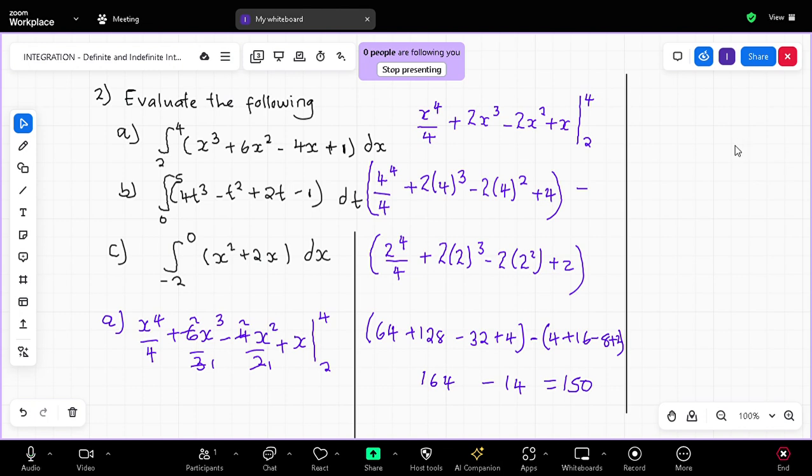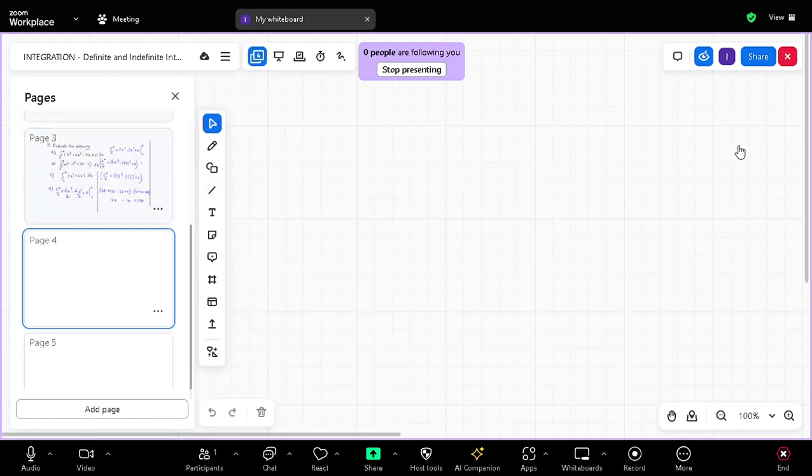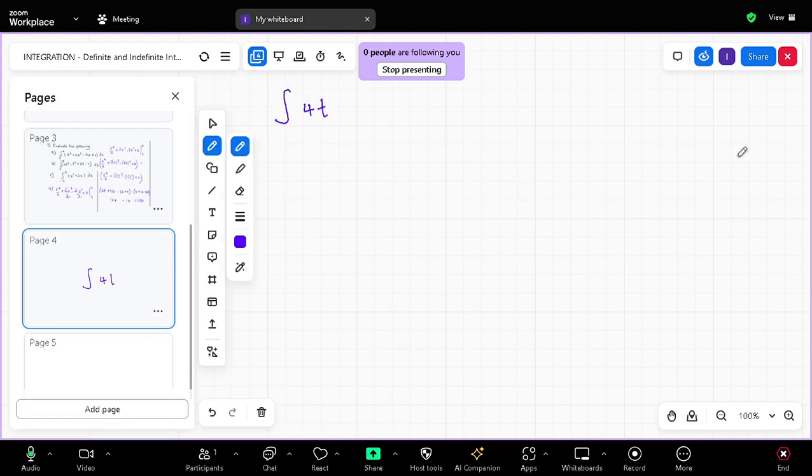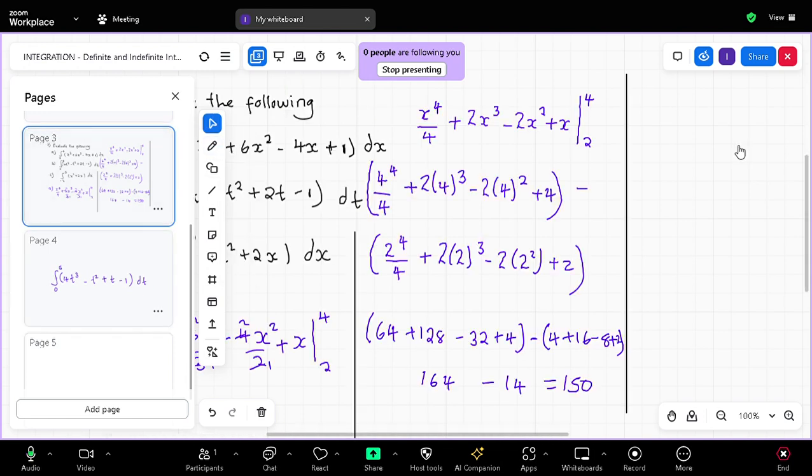So we integrate 4t cubed minus t squared plus 2t minus 1 with respect to t. The limit is from 0 all the way to 5.